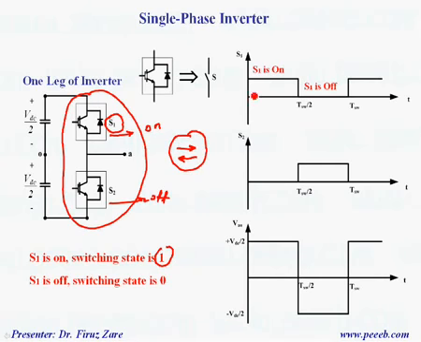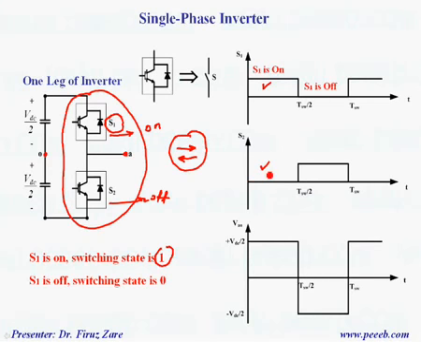So let's start with this voltage waveform. For example, we're trying to measure the voltage across this terminal with respect to this neutral. So when S1 is on, that means we have a gate signal for S1 and there is no gate signal for S2.